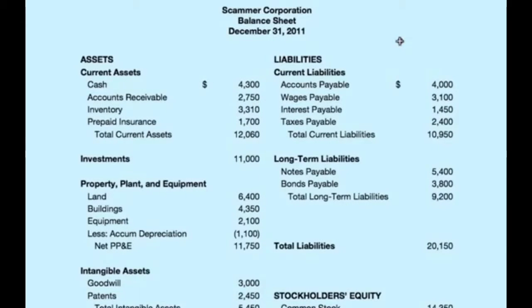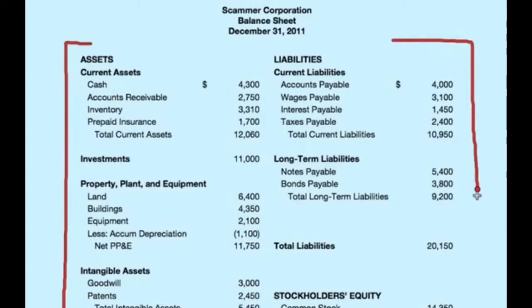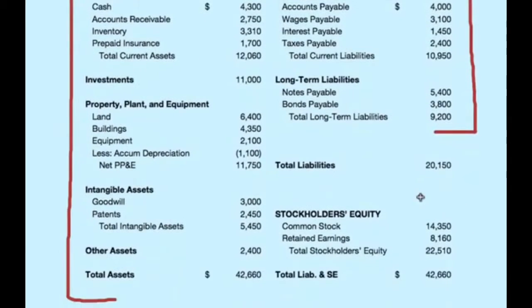Now, the first thing that you should notice is that here on the left side of the balance sheet we have the assets, and on the right side we have the liabilities and stockholders' equity.